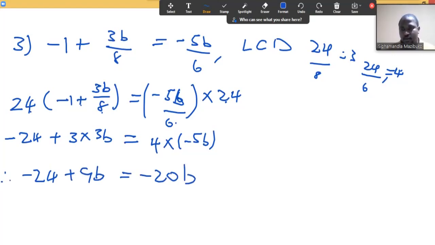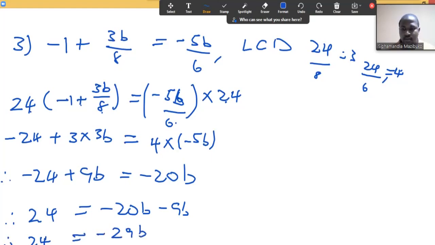And then we can say we have 24 is equal to minus 20p minus 9p. Therefore we have 24 equal to minus 29p. So we can divide by 29 to get our p.